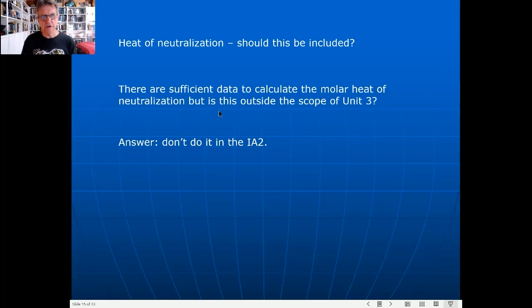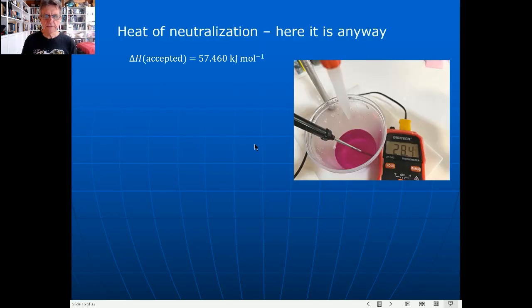You can do a few of the calculations, but you can't use the concepts and the theory behind it. So the answer basically is, don't let the students do heat of neutralisation calculations in their student experiment. They'll have enough to do. But I thought I'd have a go anyway.